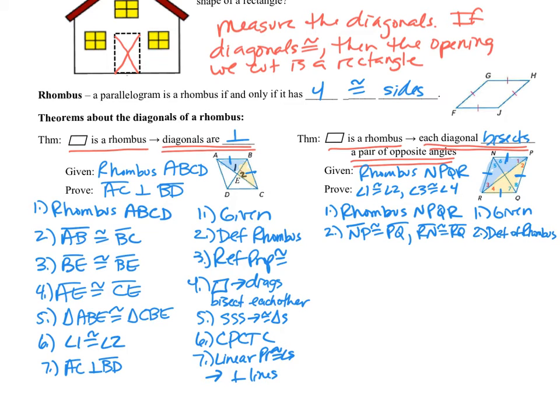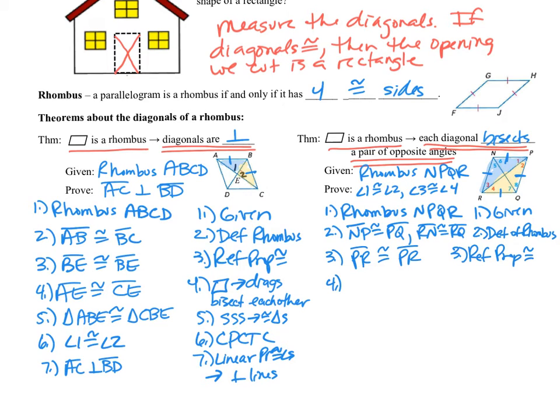So there are 2 pairs of congruent sides, and then remember we said that the blue triangle and the yellow triangle share a side, which we can call PR. Side PR is congruent to itself, and we'll justify that with the reflexive property of congruence. So now we have enough to get the 2 triangles congruent.